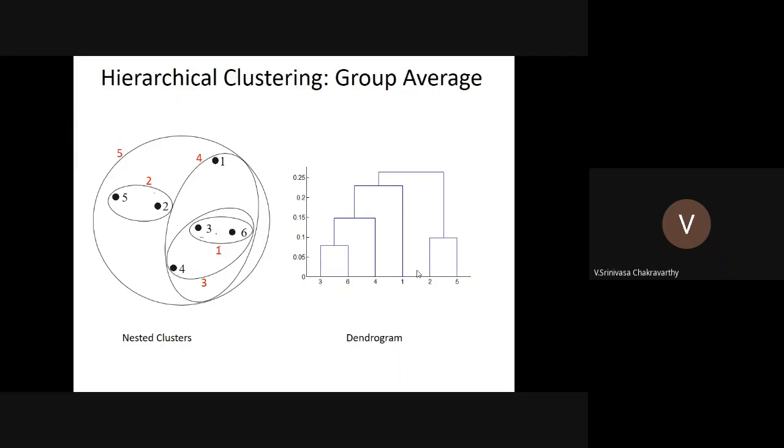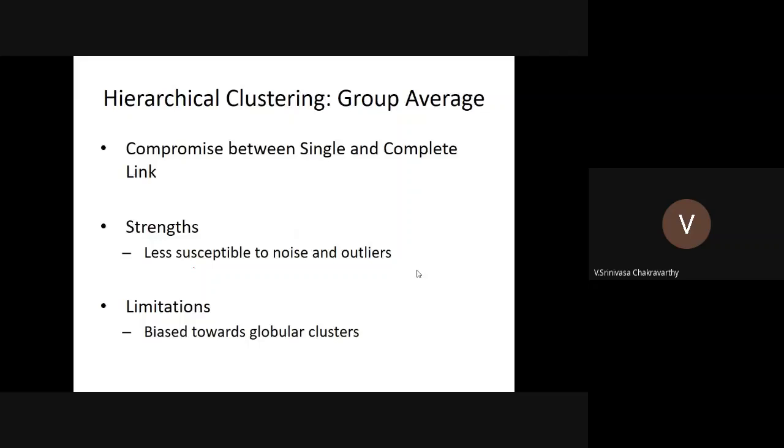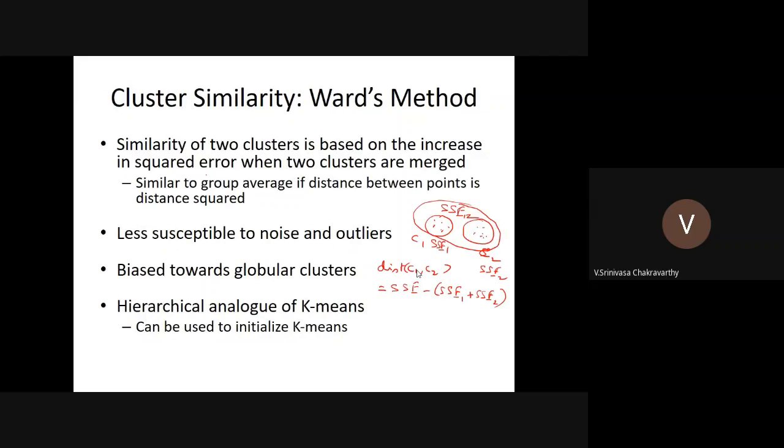But beyond that, there is no objective function in min, max, group average and all that. In Ward's method alone, for the first time among the hierarchical clustering methods, we have an objective function, which is the SSE. And the difference in this SSE is taken as the distance between the clusters.